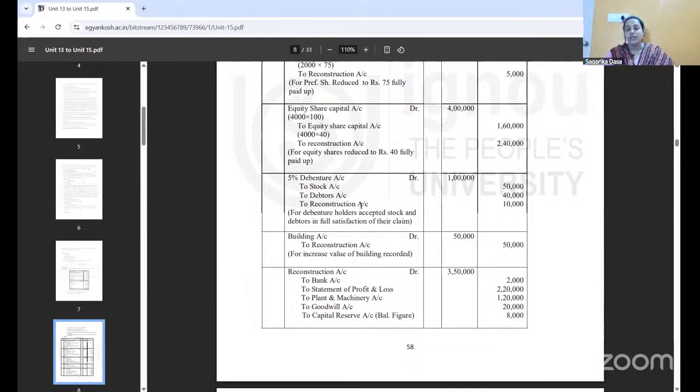Differences ఎప్పుడు మనకి రీకన్స్ట్రక్షన్ అకౌంట్ కి లేదా క్యాపిటల్ రిడక్షన్ అకౌంట్ కి మనం ట్రాన్స్ఫర్ చేయాల్సి ఉంటుంది.